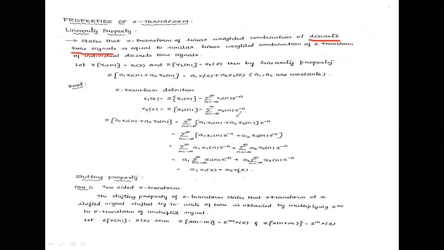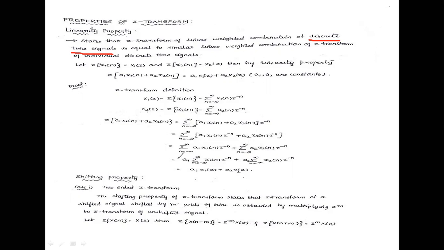Substitute in the Z transformation definition: the sum over n equal to minus infinity of a1 x1 of n plus a2 x2 of n, times Z power minus n. Multiply Z power minus n with the two terms: a1 x1 of n Z power minus n, a2 x2 of n Z power minus n. And split into two parts with the summation: the sum of a1 x1 of n Z power minus n plus the sum of a2 x2 of n Z power minus n.